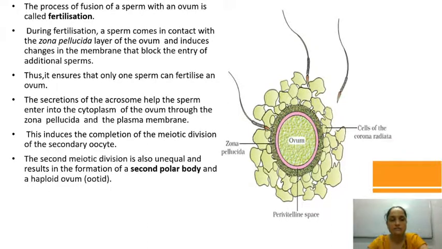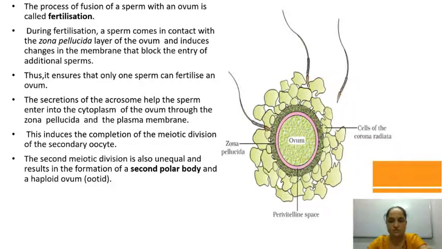Next, the second meiotic division is also unequal. It results in the formation of a second polar body and a haploid ovum. The polar body is very small in size and basically of no use in comparison to the ovum. So the ovum is what we want in the picture.